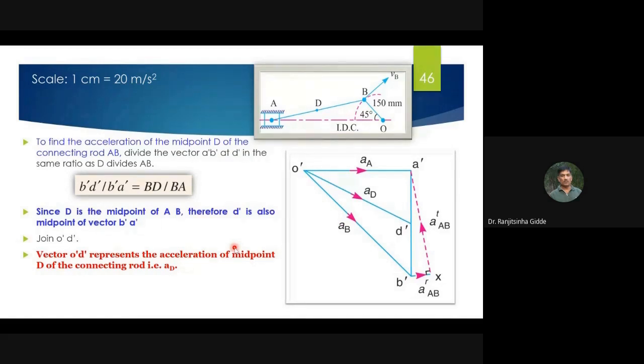Draw this, indicate, first denote A point and then join this point to this point.